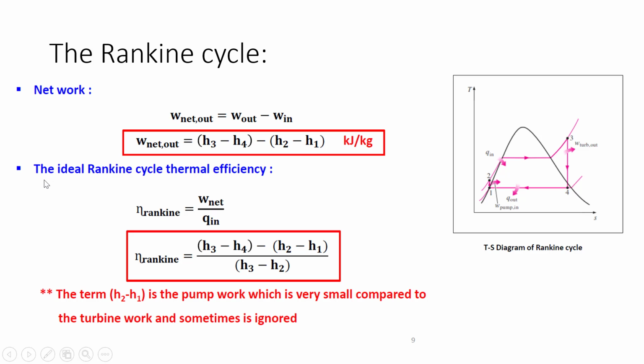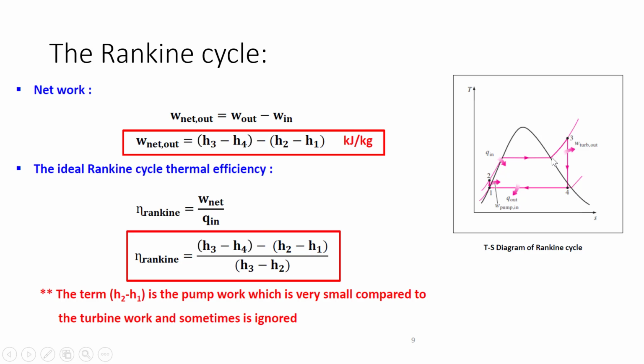Alright. So let's look at the Rankine cycle thermal efficiency. The Rankine cycle thermal efficiency equals W net over Q in. We know that W net is H3 minus H4 minus (H2 minus H1), over H3 minus H2.